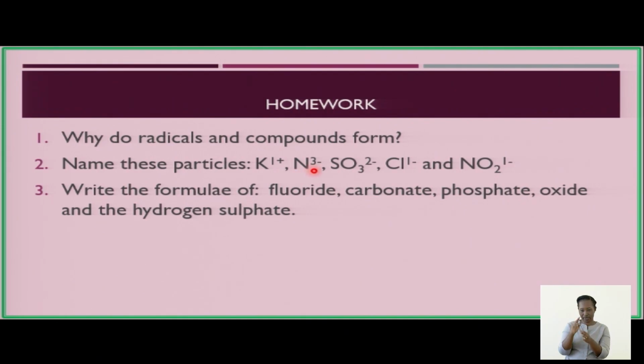K1+, N3 negative, SO3 2 negative, Cl1 negative, and NO2 1 negative. And the last question, but of course not the least, write the formula of a fluoride ion, a carbonate radical or ion, of course it will be polyatomic, phosphate ion or radical, the oxide, and finally the hydrogen sulfate.